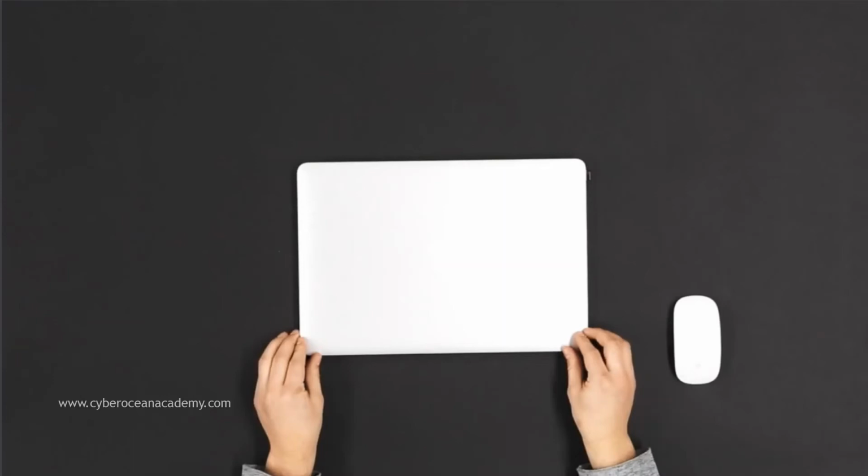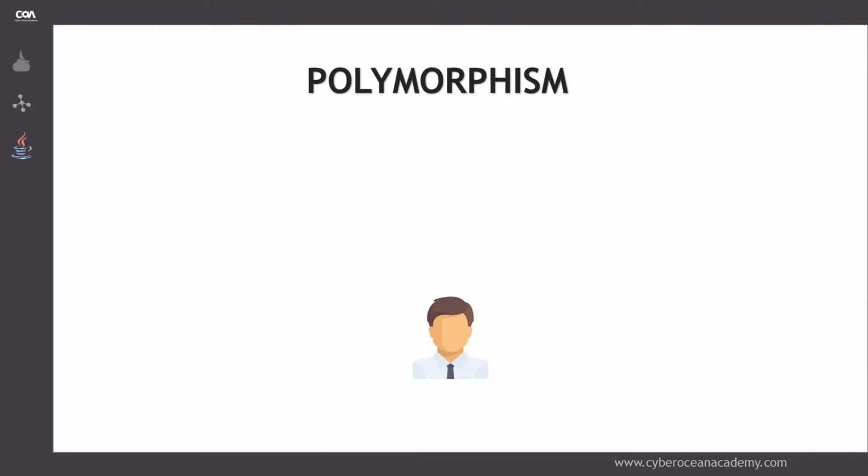Okay, so now let's talk about polymorphism. Last but very important, that is polymorphism. Poly means multi or multiple, and morph means shapes or behaviors. If an object can take different shapes or behave differently with other objects at different points in time, that is called polymorphism.